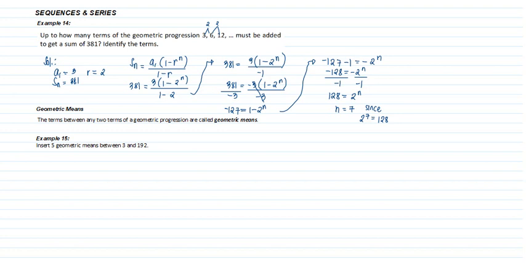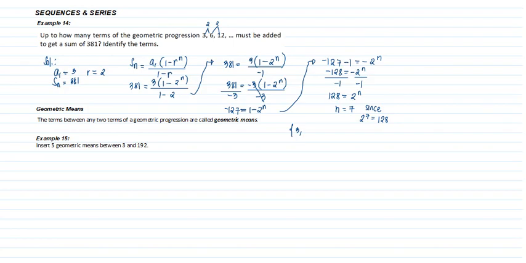So from this, we could now determine our terms. We could have the first term first, which is 3. So the first term would be 3, then we multiply it by 2.